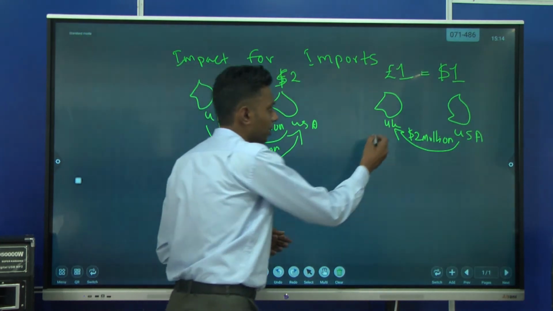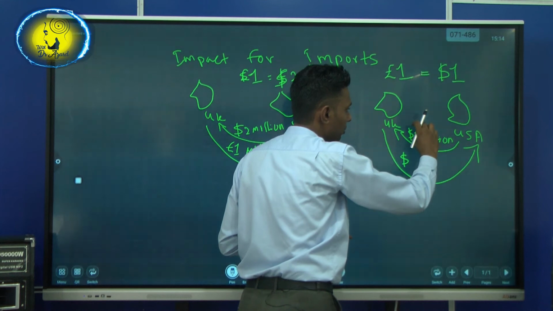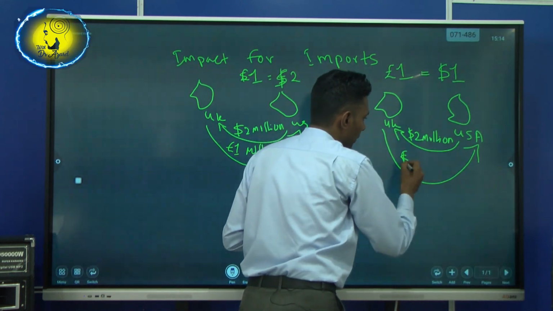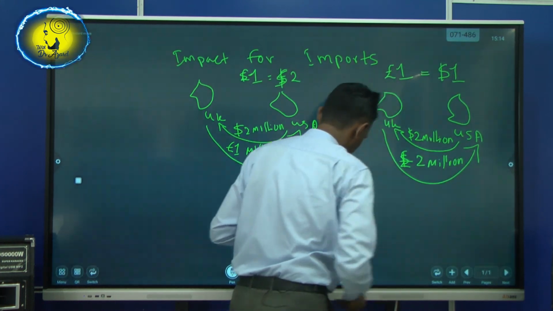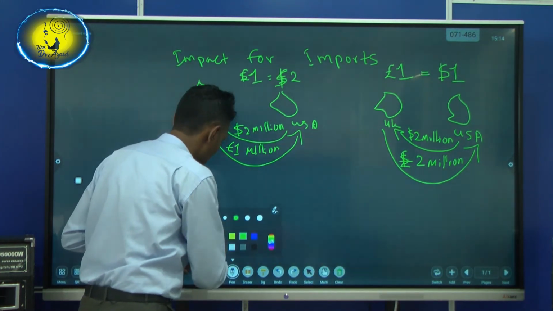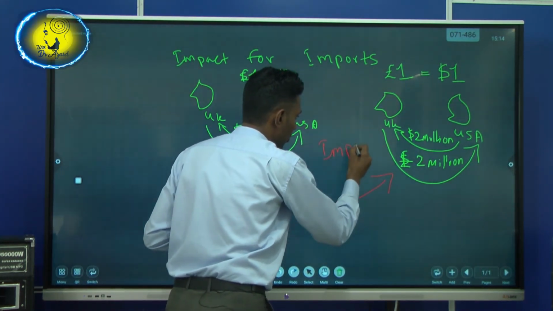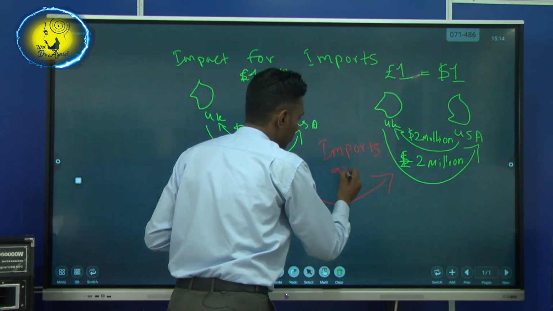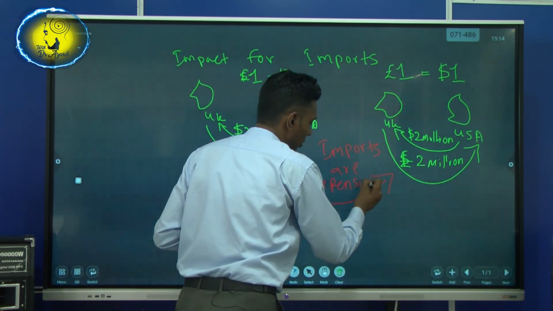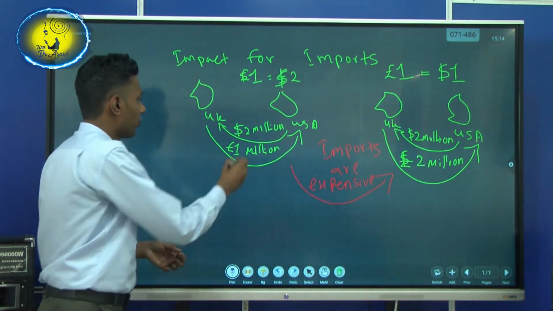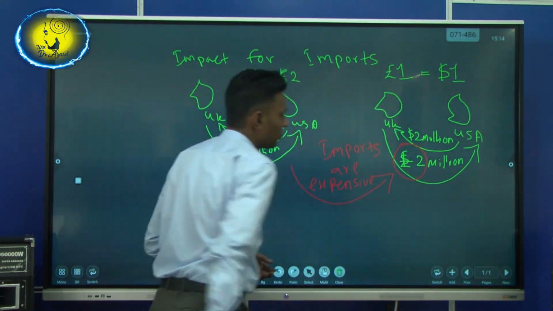Simple. 1 is equal to 1 means 2 million is equal to, they have to pay 2 million pounds. What has happened? Imports are expensive. That means the UK cannot import from the United States because it's expensive. Before they had to pay 1 million pounds, now they have to pay 2 million pounds.